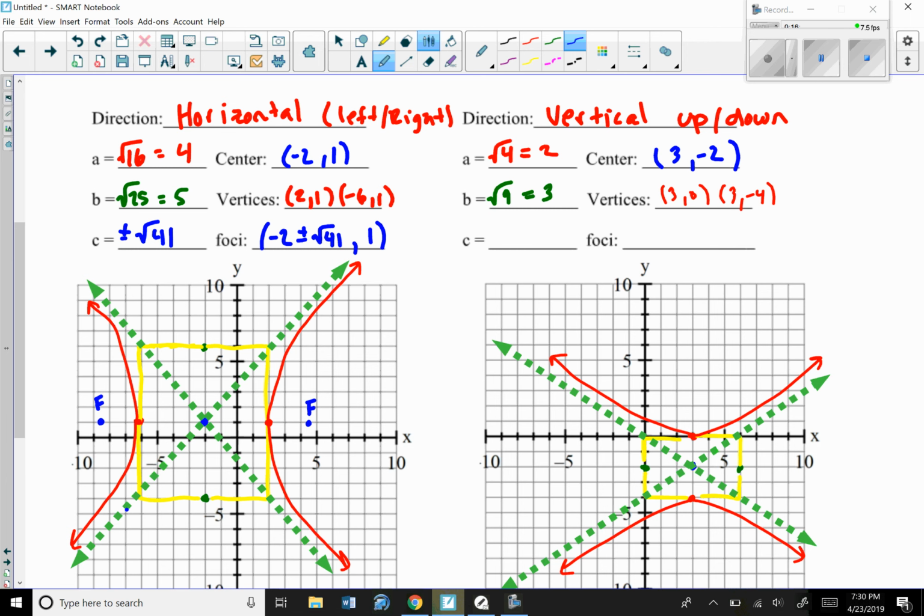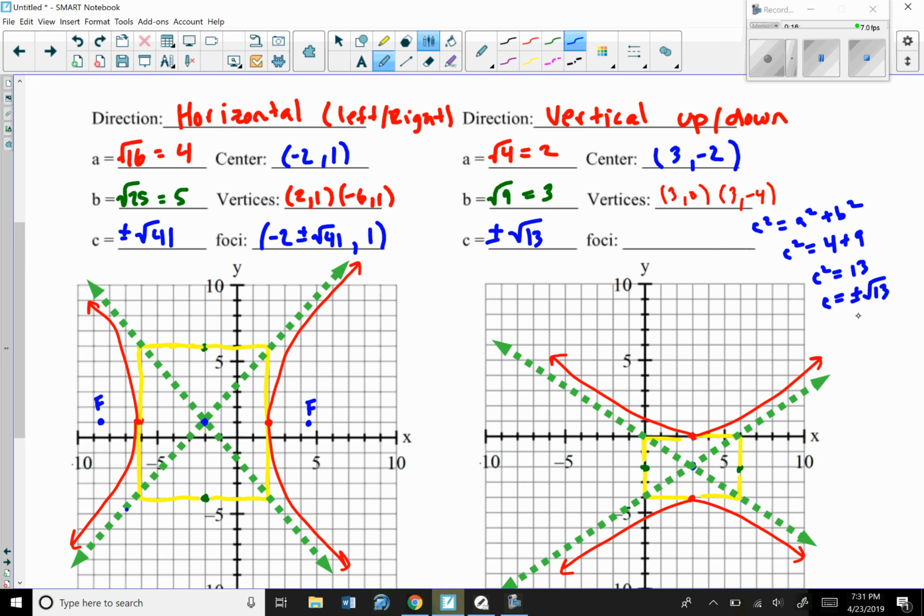So we again know c squared equals a squared plus b squared. So in this case, c squared is equal to 4 plus 9, which gives us c squared being equal to 13. So c is equal to plus or minus the square root of 13.